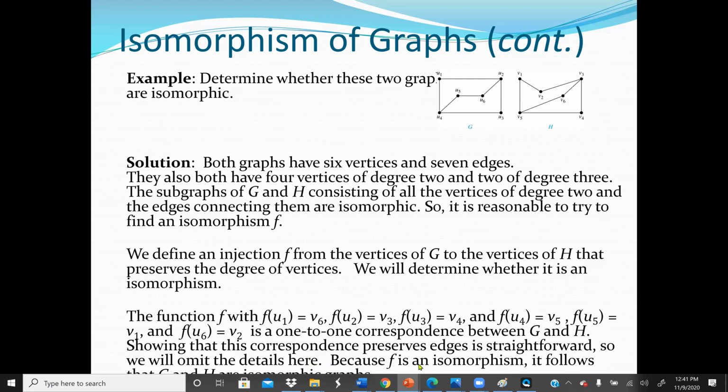Because f is an isomorphism, it follows. So the three things that we consider are the degree of each vertex, the number of vertices, and the number of edges. Since they are all the same, we say the two graphs are isomorphic.